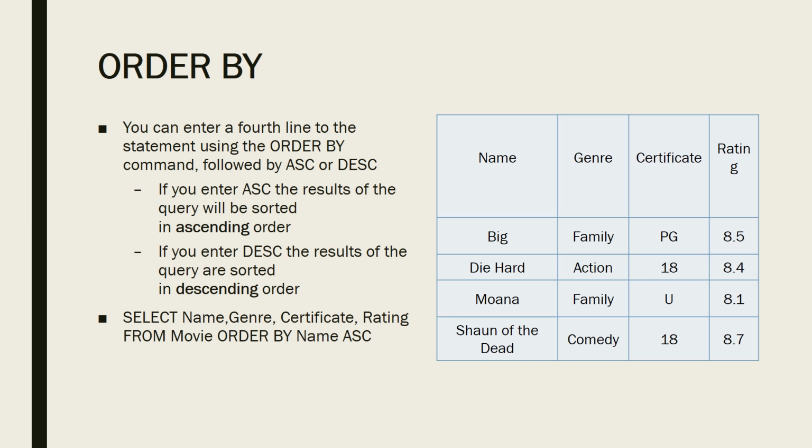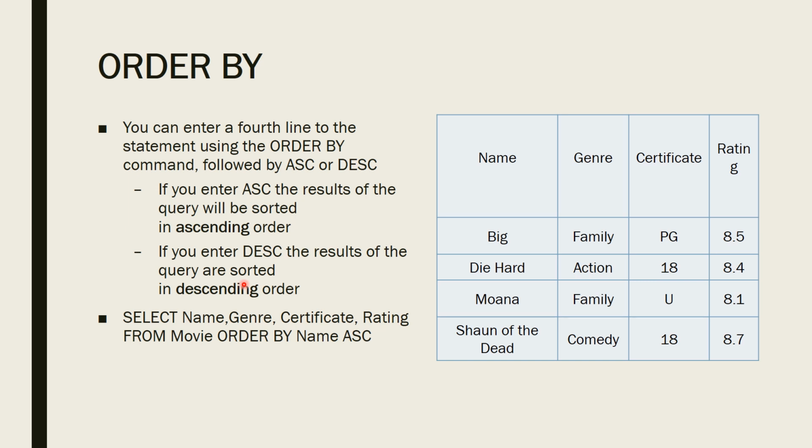Okay, so the next one is ORDER BY. Sometimes you have to get things in ascending or descending order, so you can use ORDER BY. You can enter a fourth line in the statement using the ORDER BY command, followed by ASC meaning ascending order, or DESC meaning descending order. If you enter ASC, the results of the query will be sorted in ascending order, from smallest to largest.